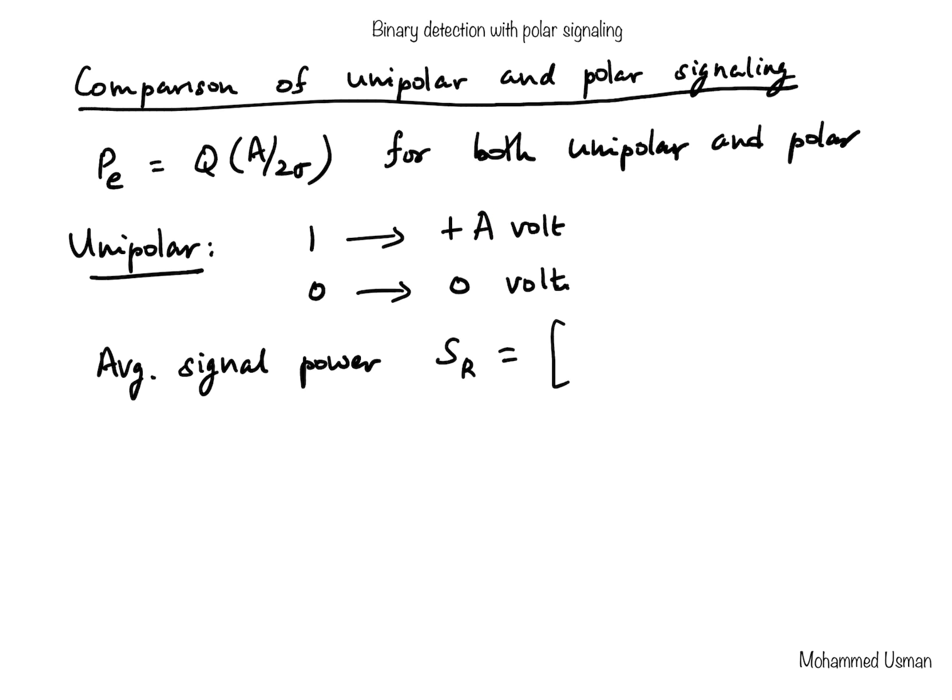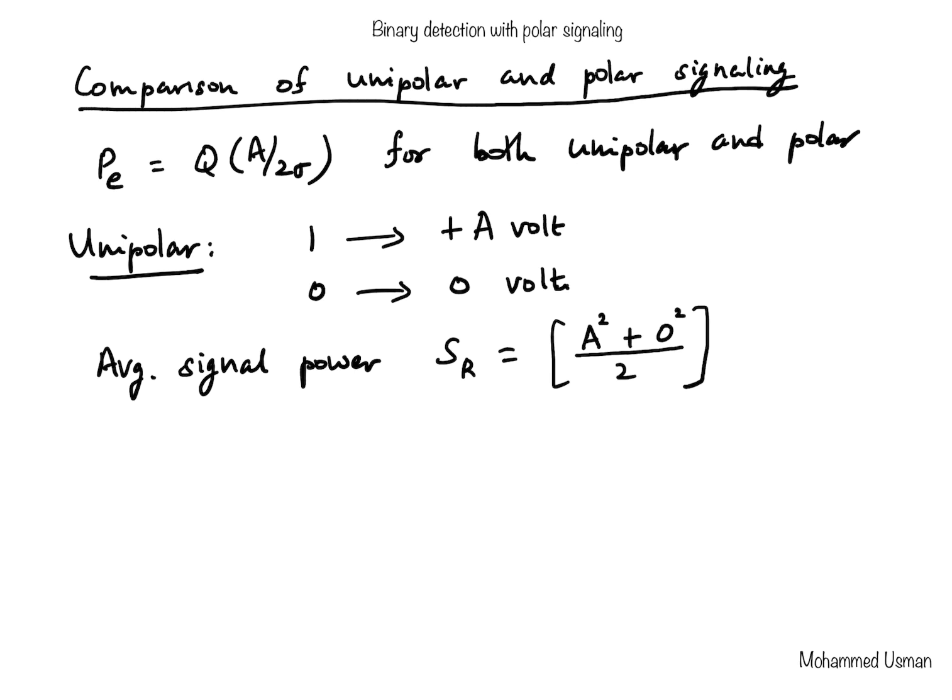Whenever we transmit a 1, we are transmitting A volt, so the power corresponding to a bit 1 is A square by R. We'll choose the resistance value R as 1 ohm, so that's normalized to A square. And whenever we are transmitting a 0, it is going to be 0 square. We want to take the average of these two, so it's A square plus 0 square by 2.